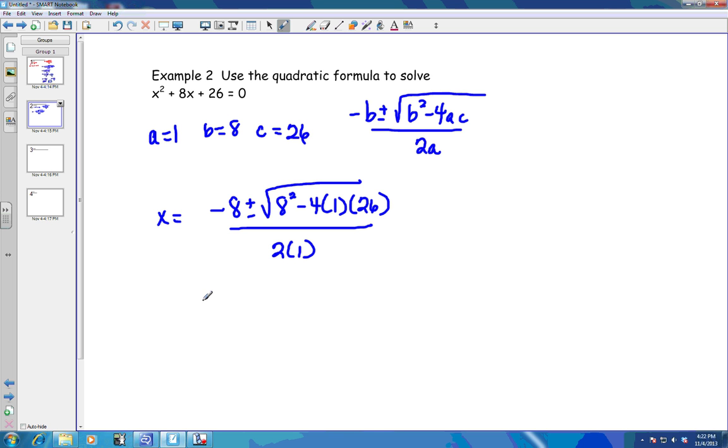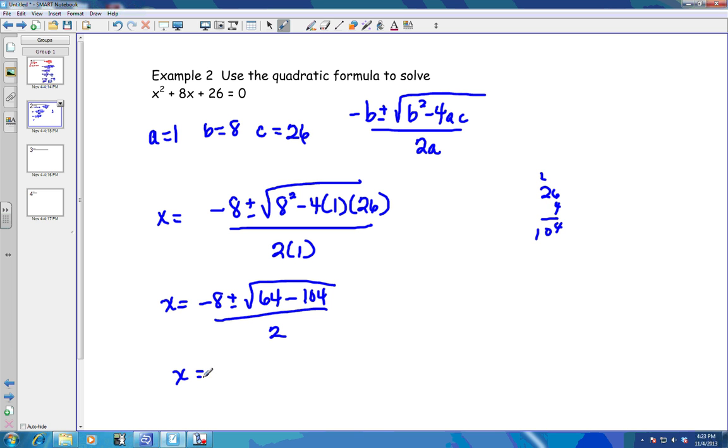So now x equals negative 8 plus or minus, 8 squared is 64, minus 26 times 4. 26 times 4, that's 104, all over 2.